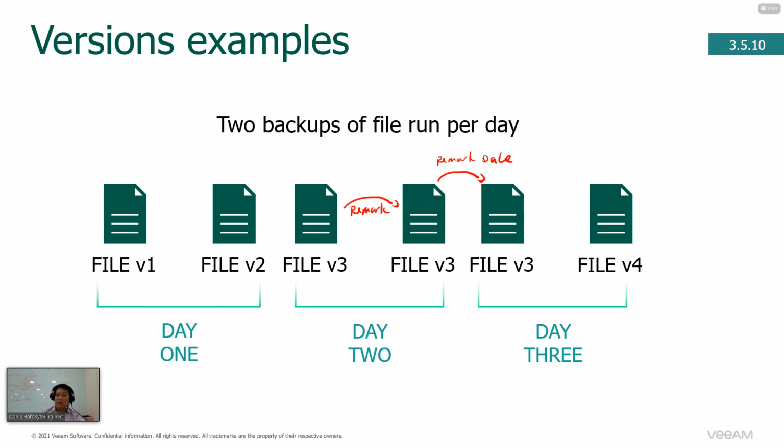So this is what we call the version example, with or without changes going on inside your NAS file share. This is basically the behavior inside your repository on how they manage the backup data. Okay, pretty easy. Any question regarding the file versioning that you want to ask?